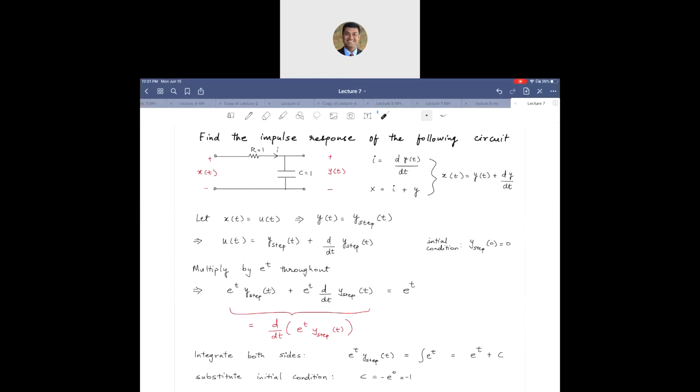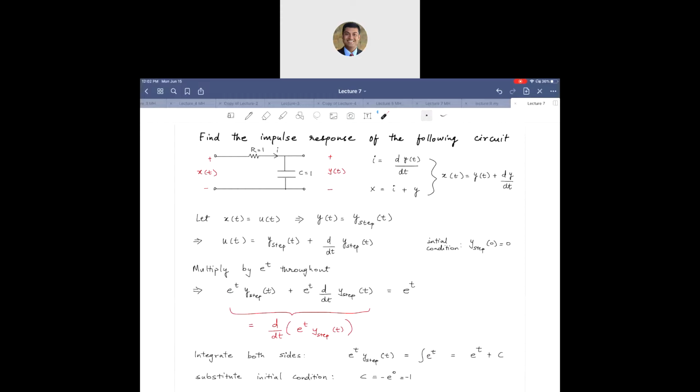Now, this is the last thing I want to talk about today, which is to relate some of these impulse response and step response things to circuits. So if the question was to find the impulse response of the following circuit, in this case you have an RC circuit. We know it's a low pass filter. We know this is going to charge up the capacitor and so on.